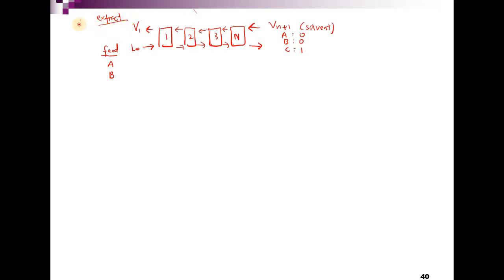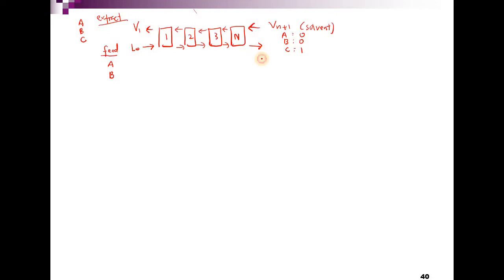Usually the extract, because this is partially immiscible, will have three components. The same thing goes here. We want to extract A by using solvent, so the residual B will exit the system as the raffinate stream.